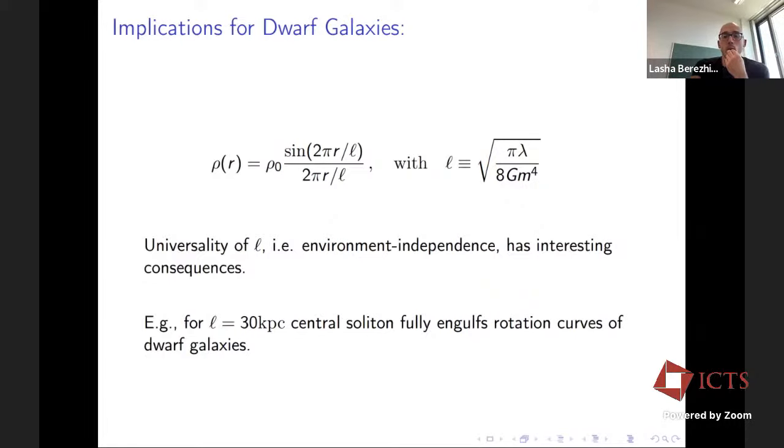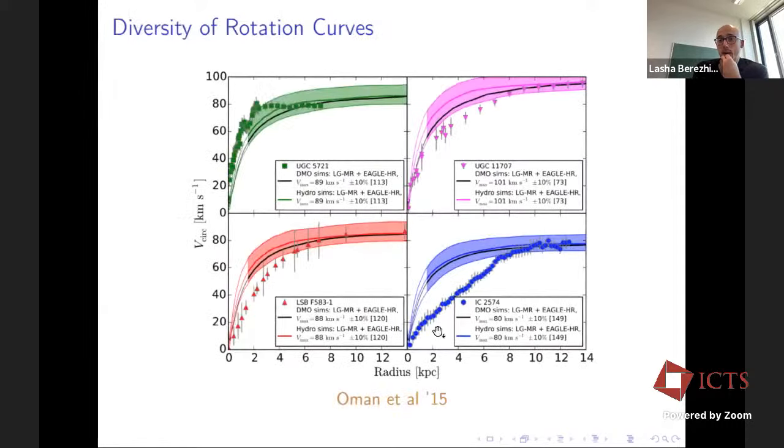Okay, which is interesting because although Milky Way-like galaxies would be less interesting, for dwarf galaxies, like the low surface brightness galaxies that I started the discussion with, which were a bit puzzling to fit with CDM, they are extremely interesting because in their case, just to remind you, the rotation curves would be completely surrounded by the superfluid core.